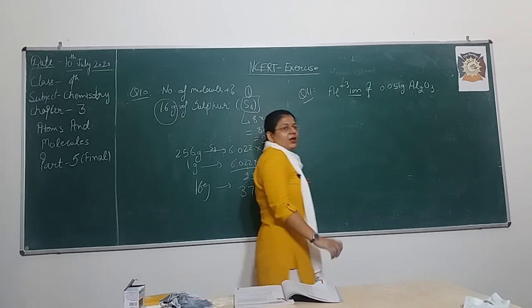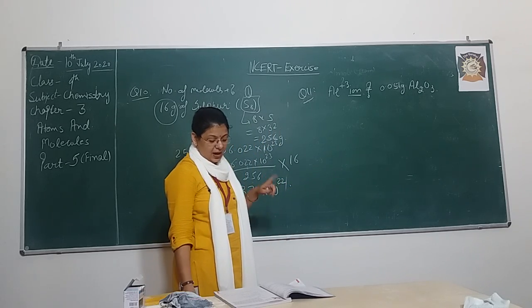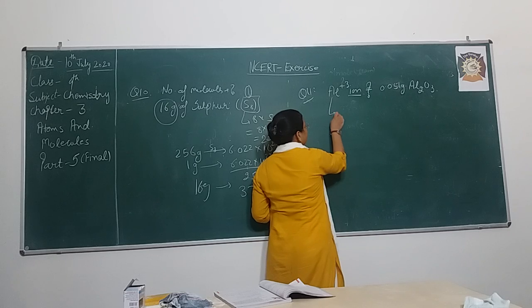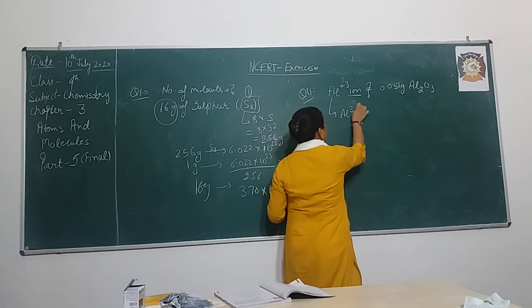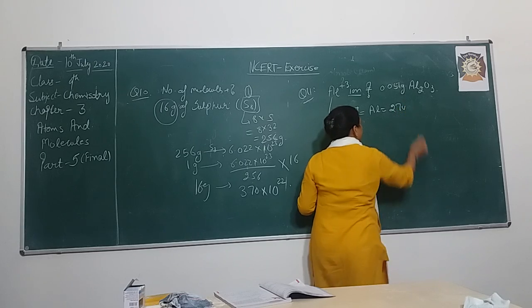The hint here is that the mass of Al3+ is equal to the aluminium element, that is 27 u.